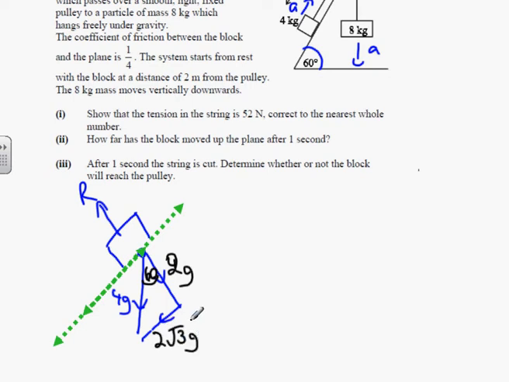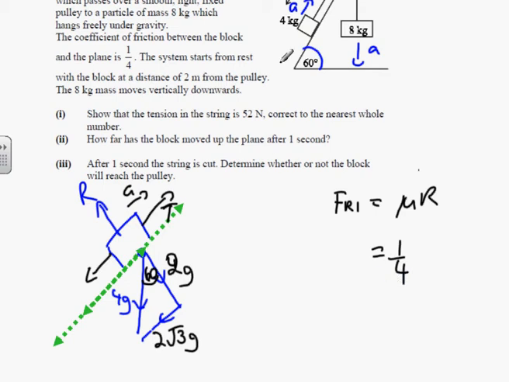Everybody right with that? Now, we said the acceleration is going up the hill. What's pulling up the hill, guys? Tension. Bringing it down the hill, the 2 root 3 G and friction. So friction equals mu R. Okay, what's mu? A quarter. What's R?